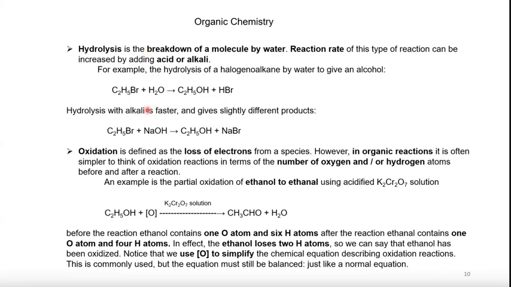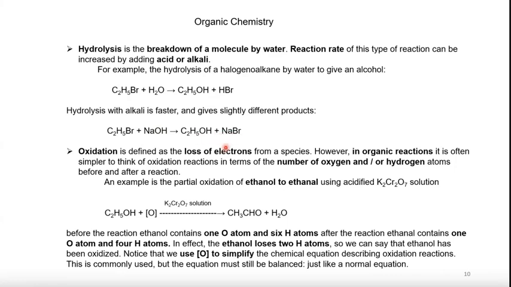This hydrolysis becomes faster if we use some acid or alkali. So, for example, here we have a halogen alkane plus alkali. We get alcohol plus sodium bromide.